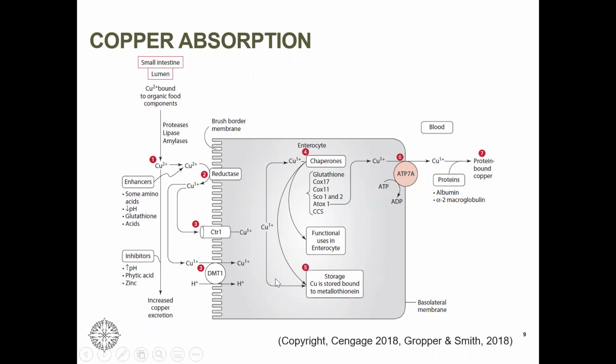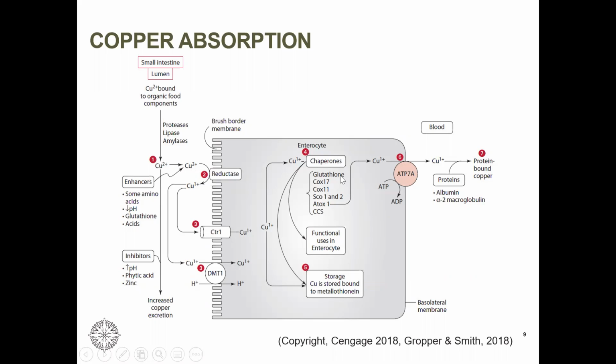Then copper can be used by the enterocyte to do its own function. And look here, because copper is quite oxidative, because of that free electron moving around, it can interact with other things in the intestinal cell and get converted to cupric quite easily. That's why they need a ferry ride. So they have these chaperones.